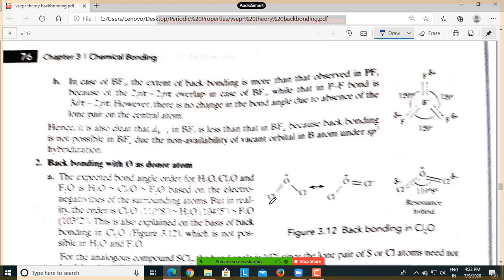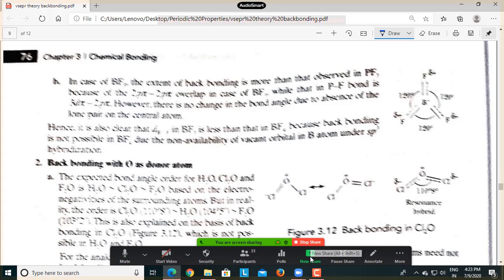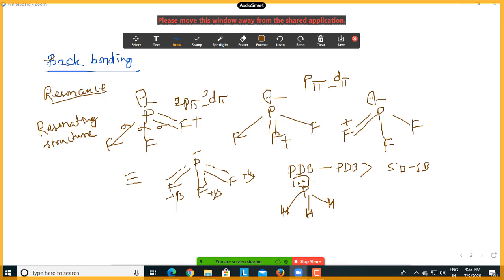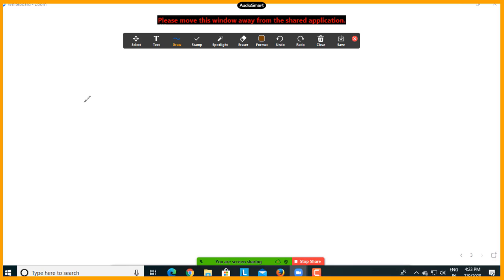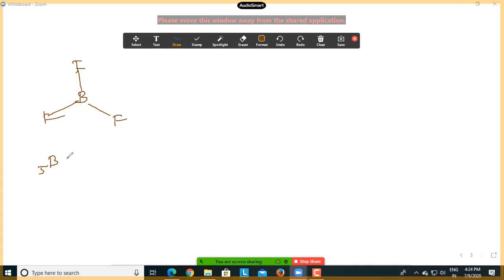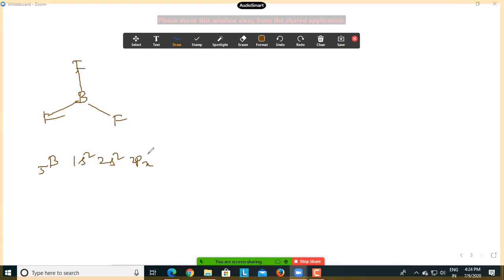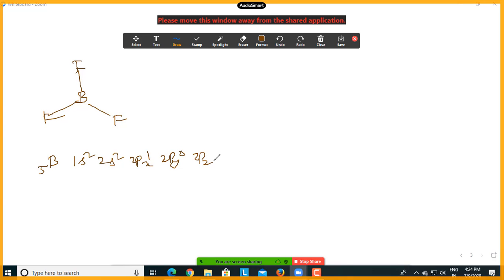Now 2s 2p2, so it is sp2 hybridization. So if making sp2 hybridization here, 2pz is vacant.